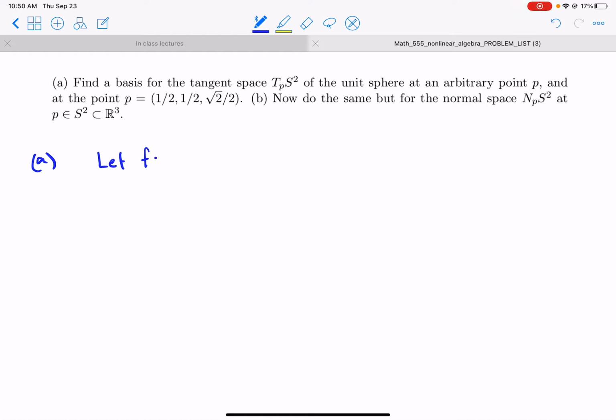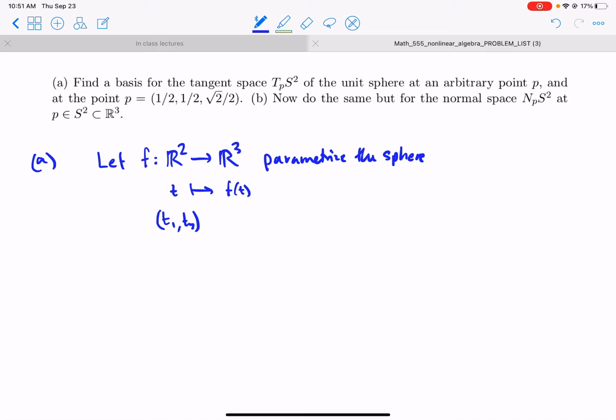Let F from R2 to R3 parameterize the sphere. So let's take part of the sphere and send t to f of t, where really t is an element of R2, so it's t1, t2, some two numbers, and we're going to send it to t1, t2, square root of 1 minus t1 squared minus t2 squared.